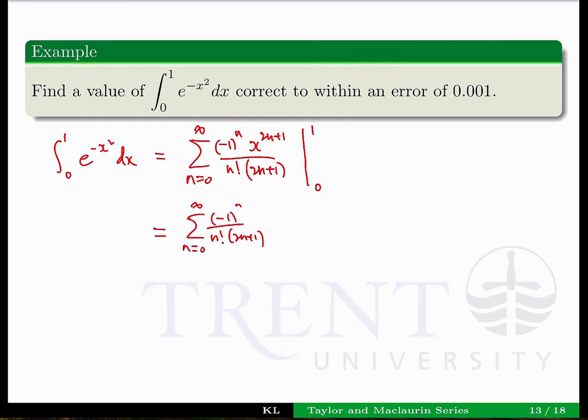But we want to find the value that is correct to within an error of 0.001. So how do we do that? To do that, we need to recall the method we learned about estimation using the alternating series, because this is an alternating series.